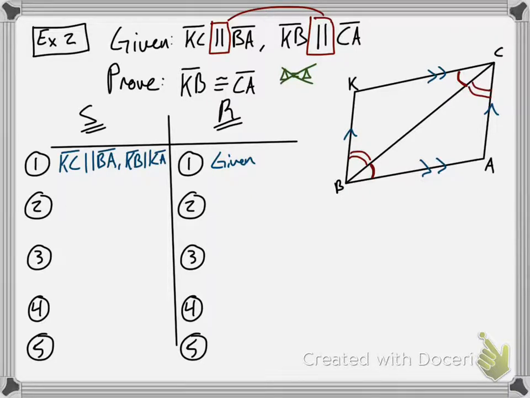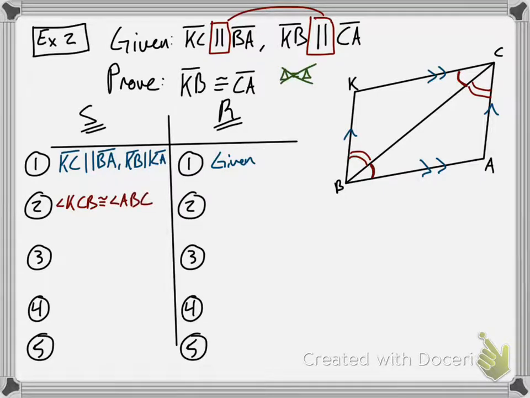Okay, so our step two, we're going to show that those angles are congruent in our two columns. So I want to start out here with the angles of one tick mark. I have angle KCB is congruent to ABC.